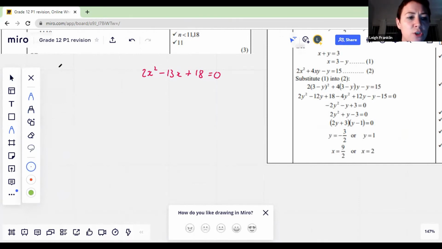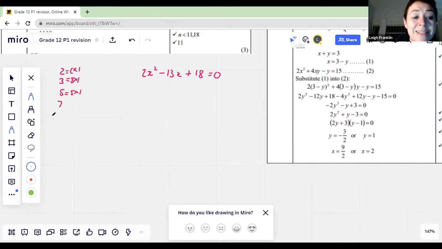A number like 2 or 3 or 5 or 7 or any other prime number is easier to work with, because the only way you can get 2 is by 2 times 1. The only way you can get 3 is by 3 times 1. The only way you can get 5 is by 5 times 1.